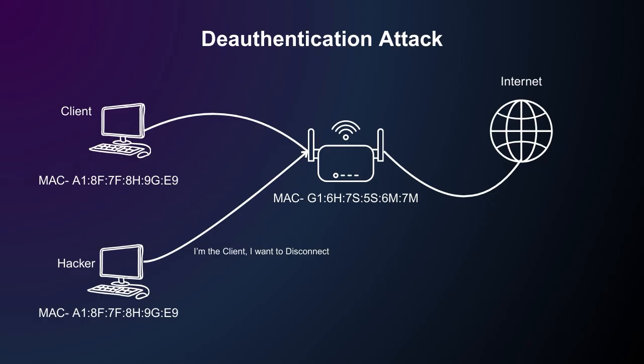So now what this hacker will do, he will pretend that he is the client and he will send a message to the router that I am the client, I want to disconnect, and that router will obey its request and it will say okay, I'm disconnecting you, and then it will simply disconnect the actual client or actual target. And once it tries to reconnect to the network, we will capture some handshakes that will be very helpful in cracking the Wi-Fi password. So let's do it practically and let's see how it is actually done.